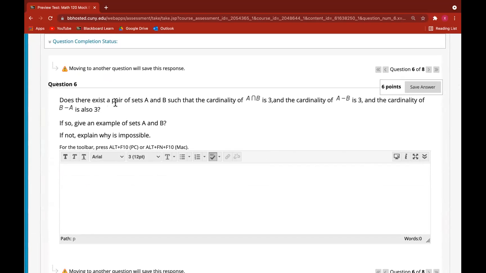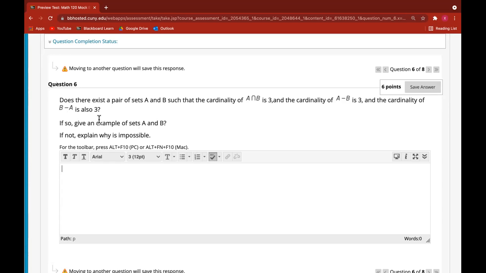Okay, so here it asks you to give a pair of A and B such that the cardinality of A intersect B is 3, the cardinality of A minus B is 3, and the cardinality of B minus A is also 3.